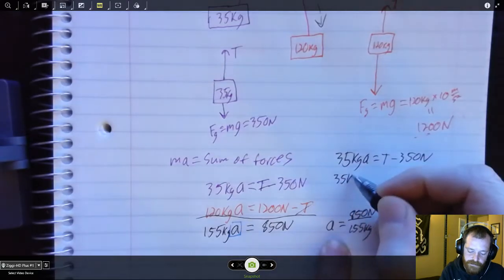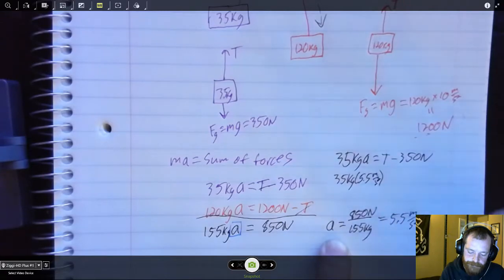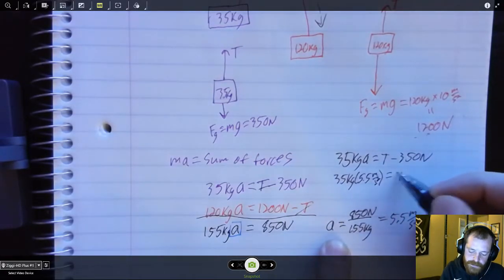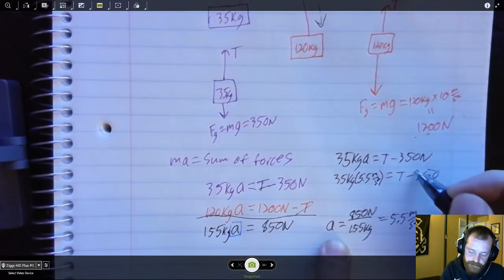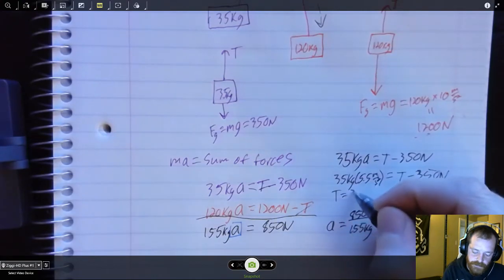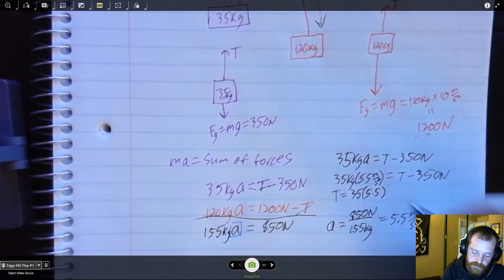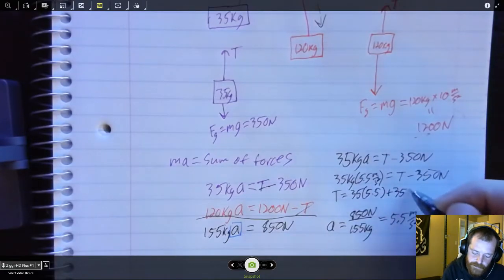So I can do 35 kilograms times 5.5 meters per second squared is equal to T minus 350 newtons. And then I can just add 350 to both sides. And I get the tension is equal to 35 kilograms times 5.5 meters per second squared plus 350 newtons.